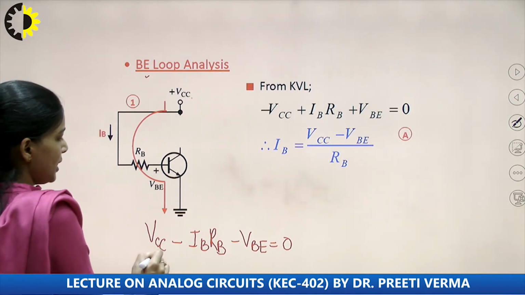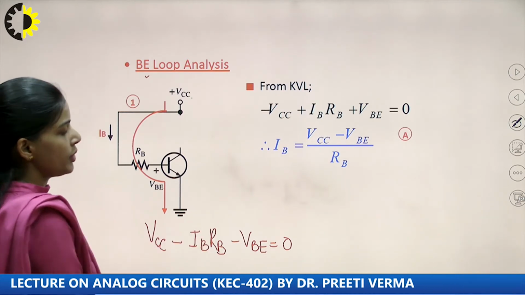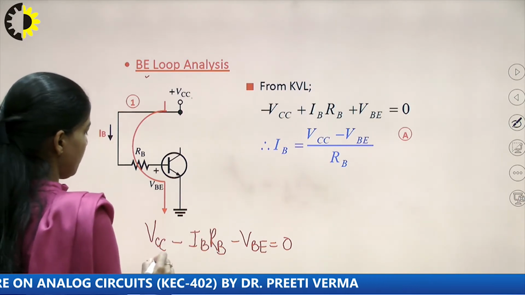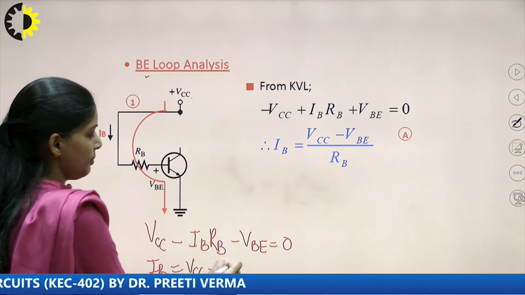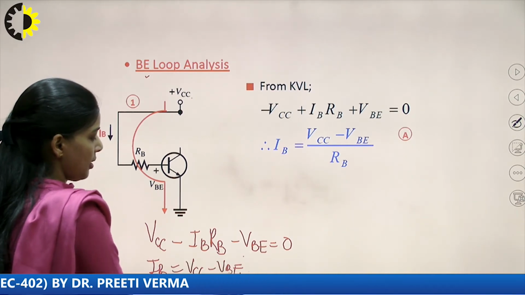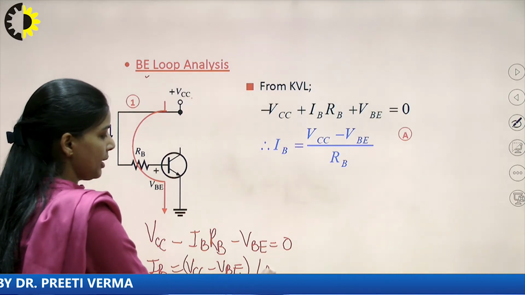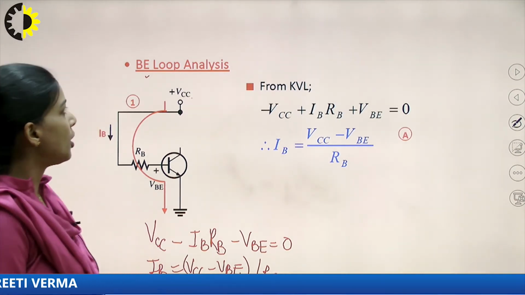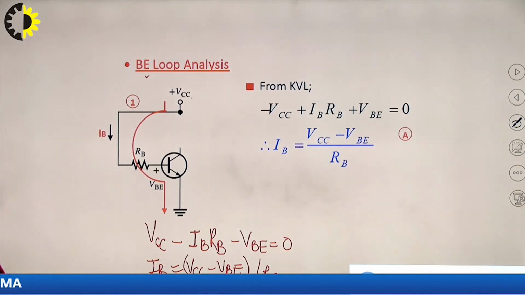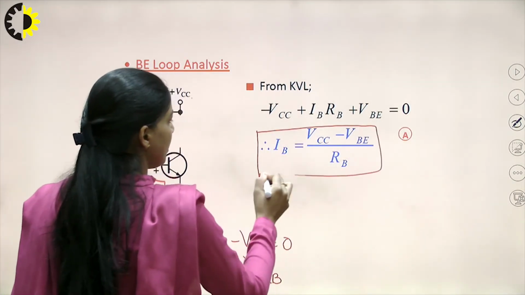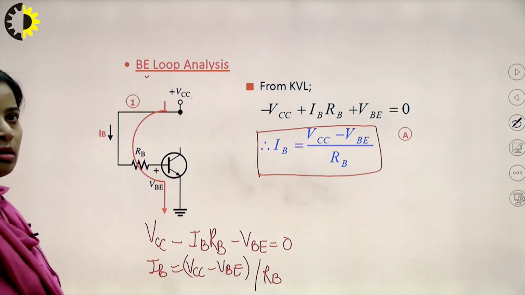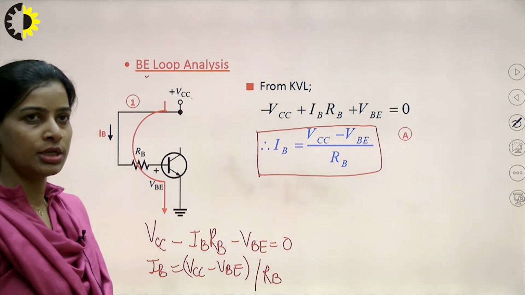So, we can write from here the same equation, IB is equal to VCC minus VBE upon RB. So, from the input loop, that is the base emitter loop, we have got this expression for IB for the fixed bias configuration.